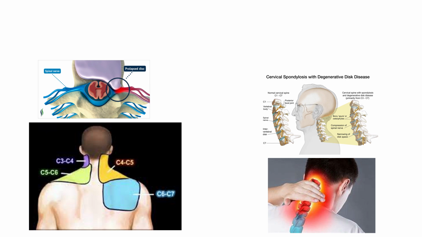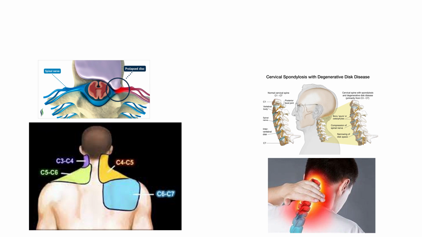Also, degenerative changes in the spine can confuse us, but usually degenerative pain does not radiate to the shoulder. It very rarely radiates to the shoulder. Now the question is how we go with treatment for that.